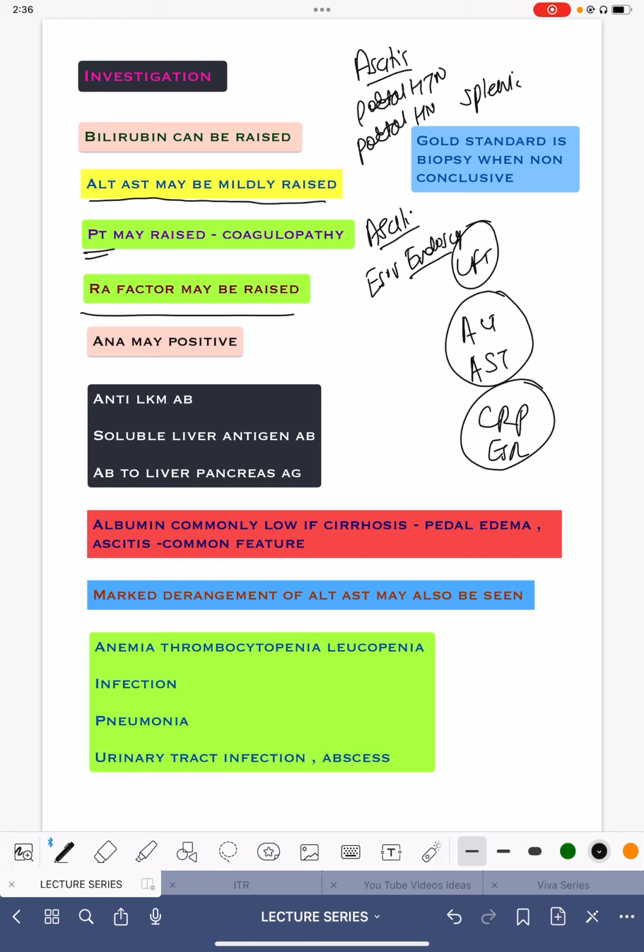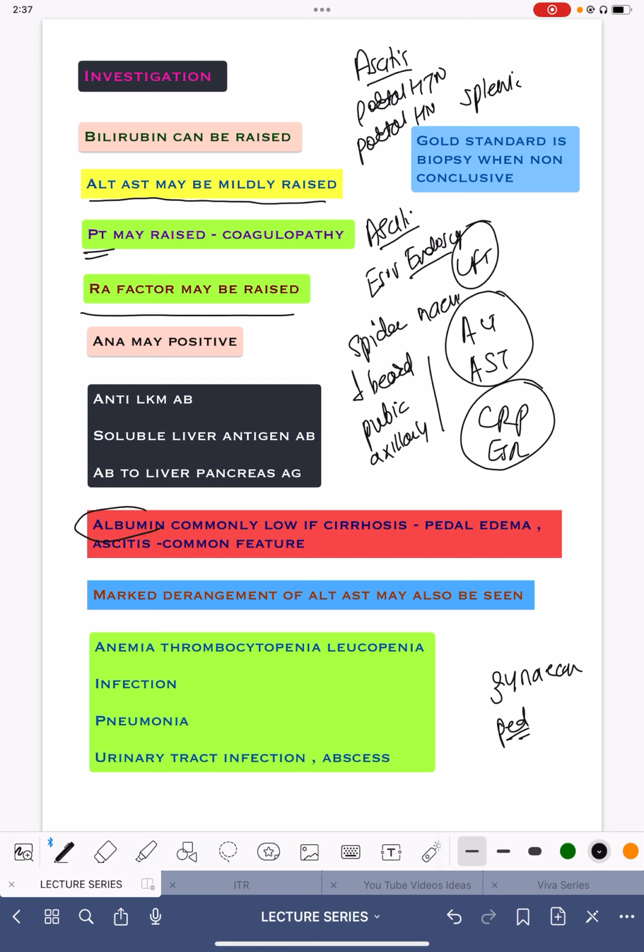Patients can have spider nevi, spider angioma as a part of cirrhosis. Patients may have reduced beard hair, reduced pubic hair, reduced axillary hair because of cirrhosis. Patients may have gynecomastia, and pitting pedal edema because of cirrhosis. So these are all the features of cirrhosis.